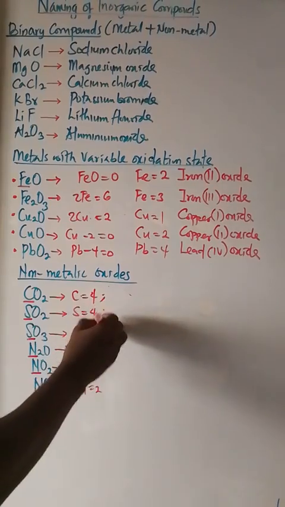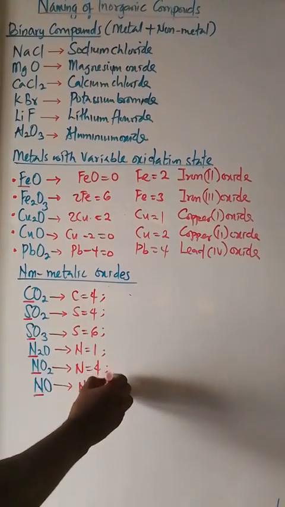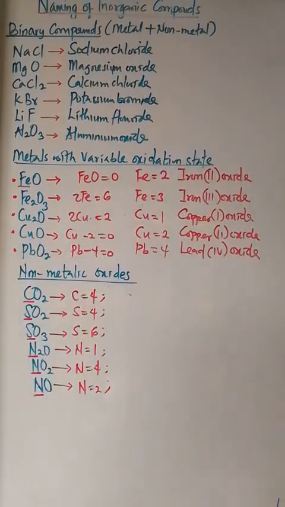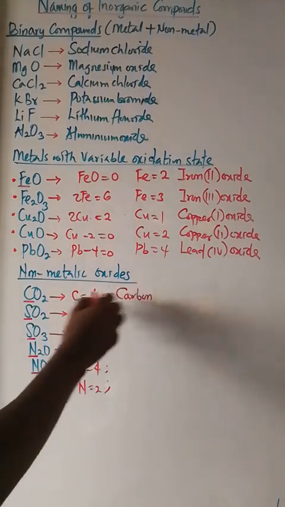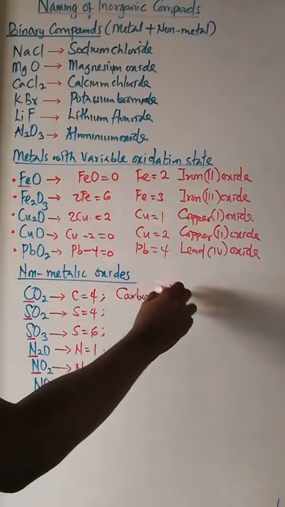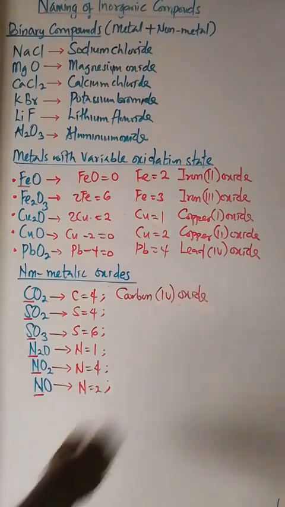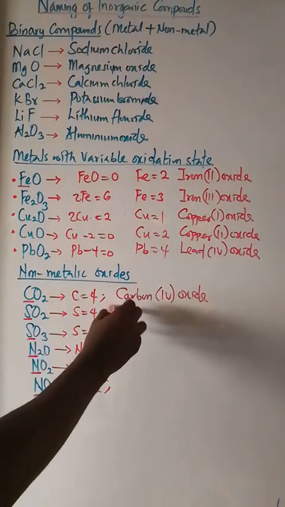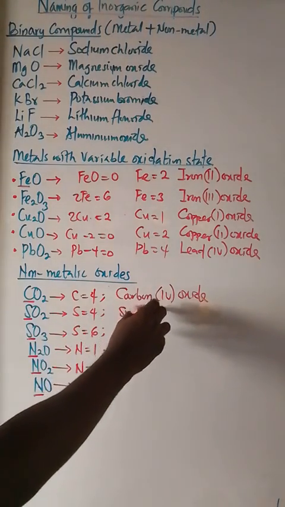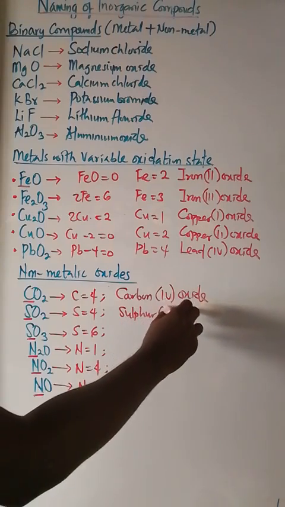So from this, we can name the following compounds using the same procedure. The first one is carbon, then we have 4: carbon(IV) oxide. Common name, carbon dioxide. IUPAC name, carbon(IV) oxide. Same thing for this one, sulfur(IV) oxide.